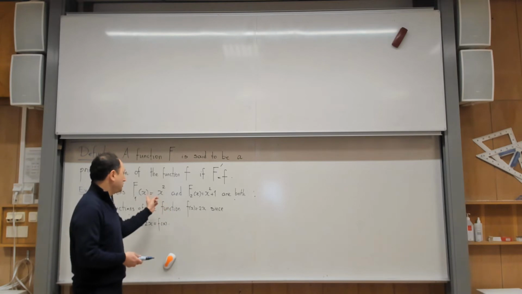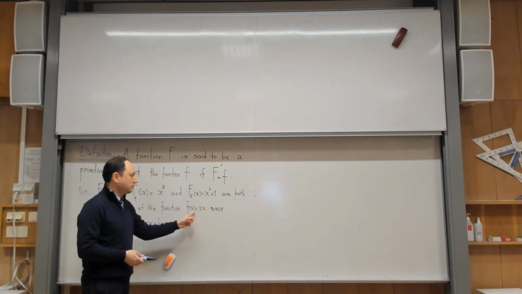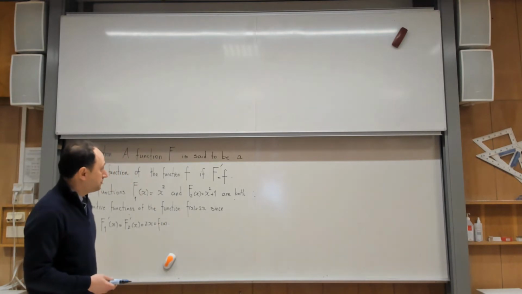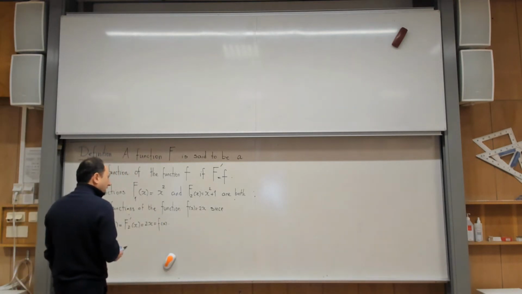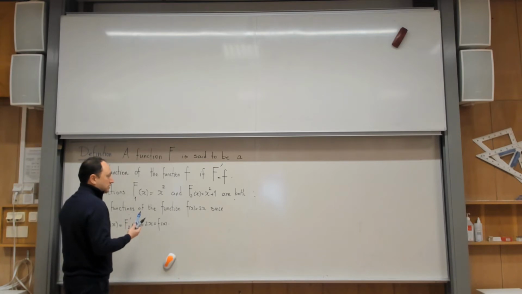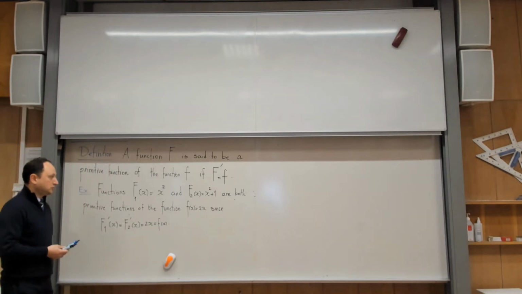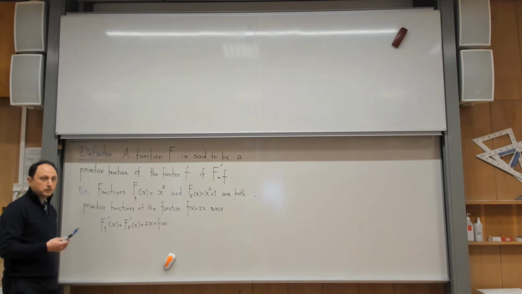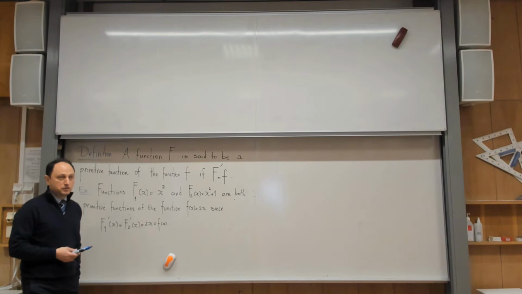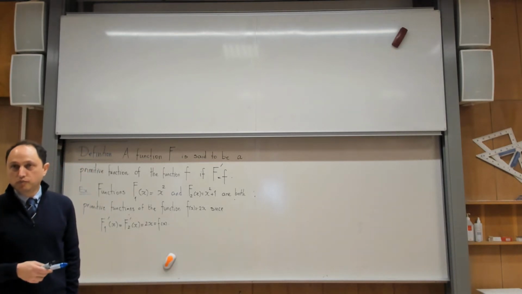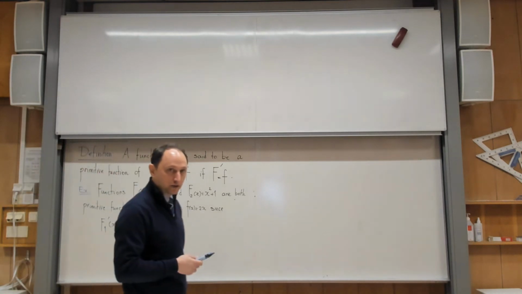But can we find some systematic way to find them? The answer is partially yes and partially no, because there are many functions for which we cannot find primitive functions. If I give you any function, in principle you can differentiate it. But it is not always possible to go back and find the primitive function for that function.